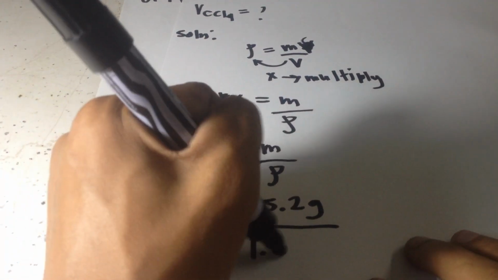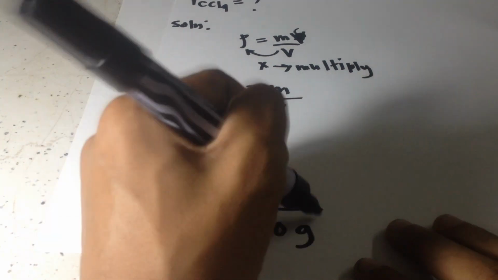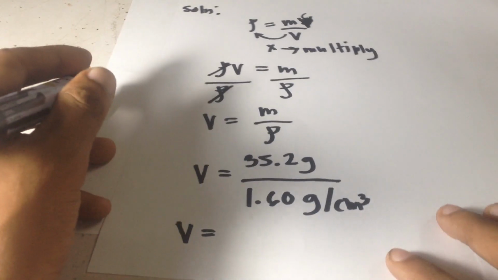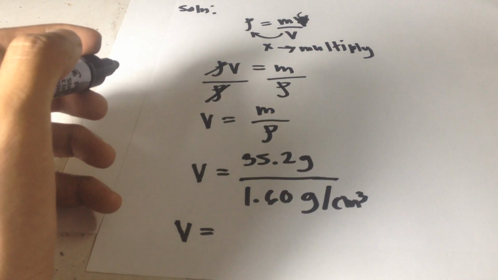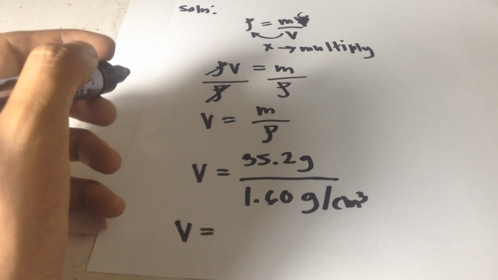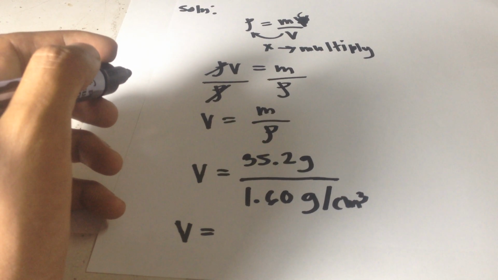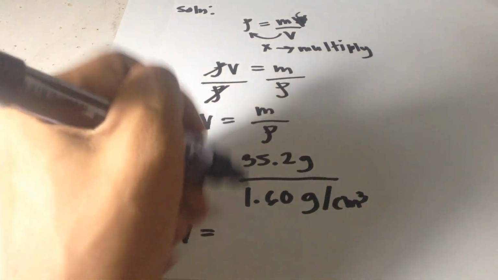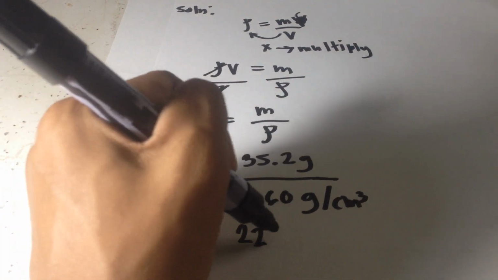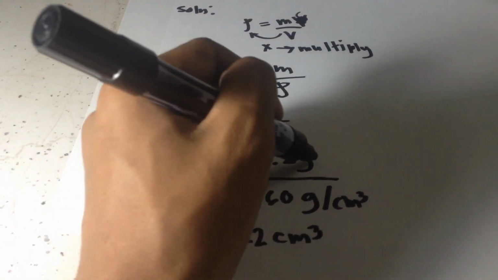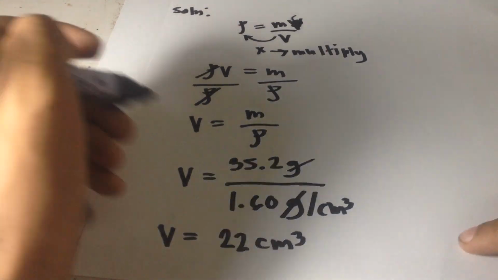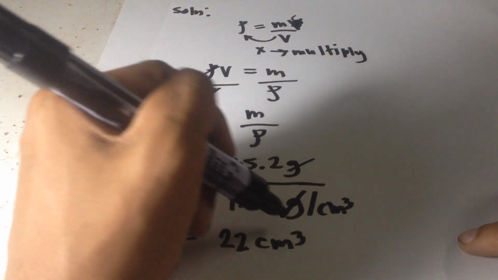So the volume is 35.2 over 1.60, so it's 22 cubic centimeters. The grams should be cancelled out. And then this is the final answer.